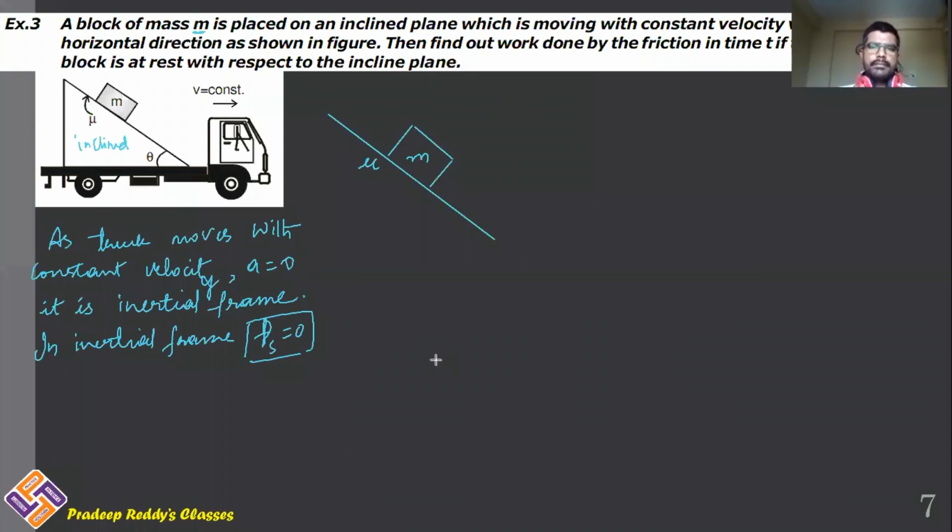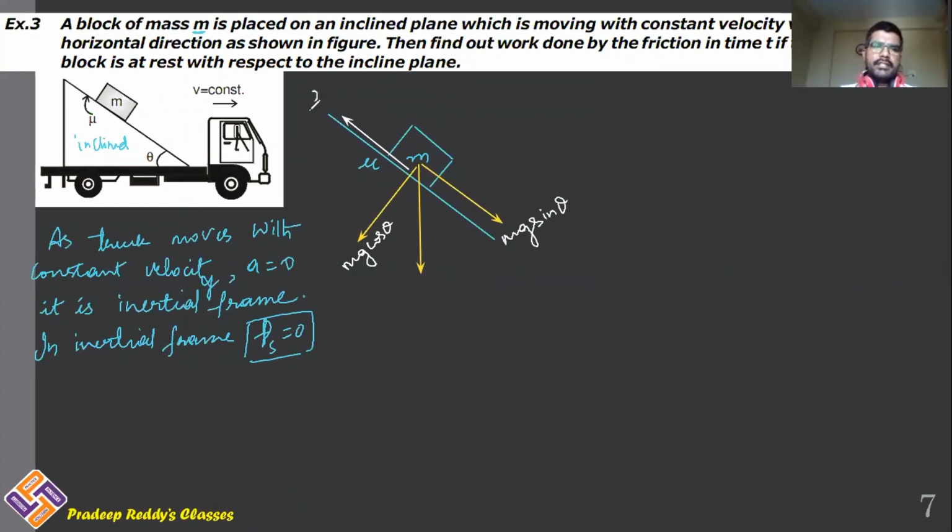There is gravitational force acting in the downward direction on this block. You can resolve this gravitational force into two components, one along the incline and one perpendicular to it. The force opposing this is the frictional force, in the upward direction. And this is mg cos theta, and this is mg sin theta.